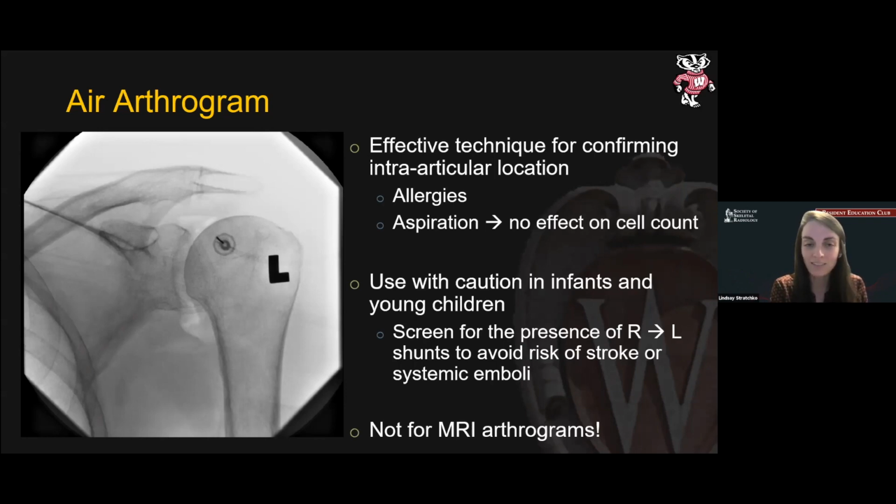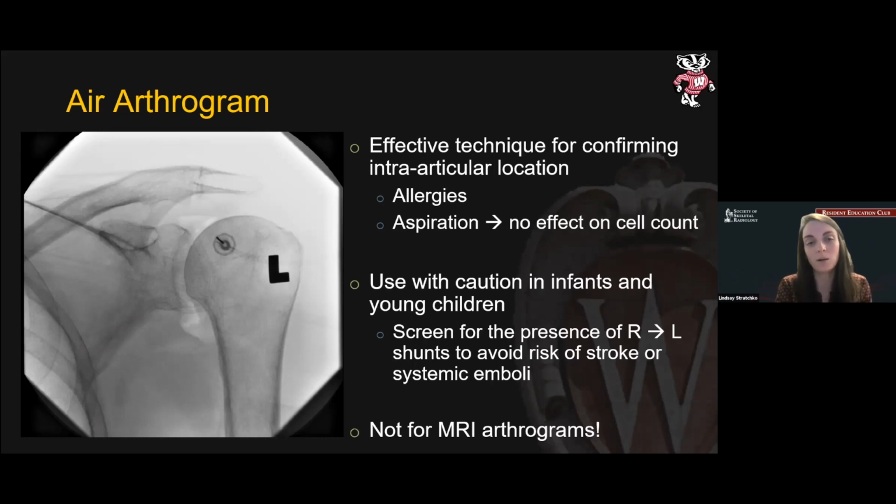I do have to give a caveat: there are very, very few reports in the literature, particularly the pediatric literature, in young infants and children, of air embolism with it. But again, very, very unlikely.